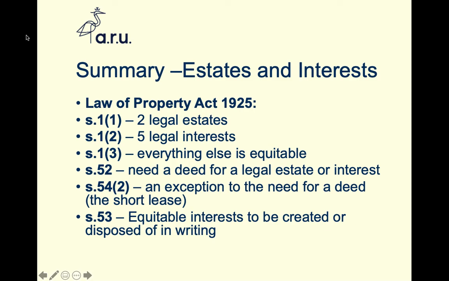So 2 legal estates, 5 legal interests, everything else being equitable. And once you've recapped the exercise that's in this lecture and gotten to grips with it a bit more, I'd like you maybe to go back through it again and start to think about what evidentiary requirement there might be, what documentary evidence we might need for each of those.